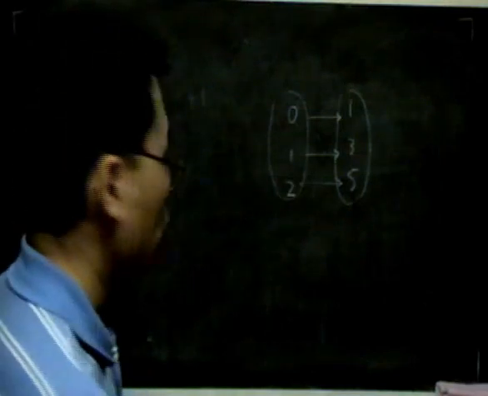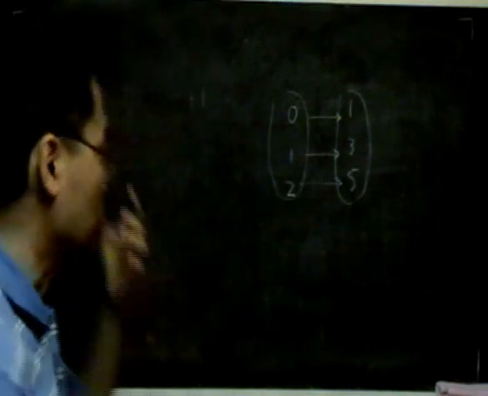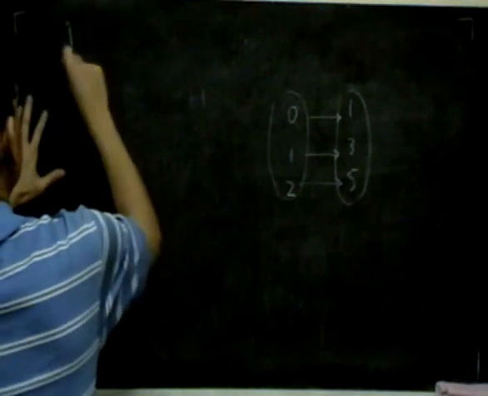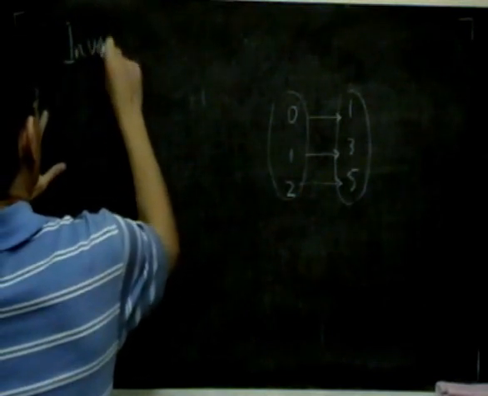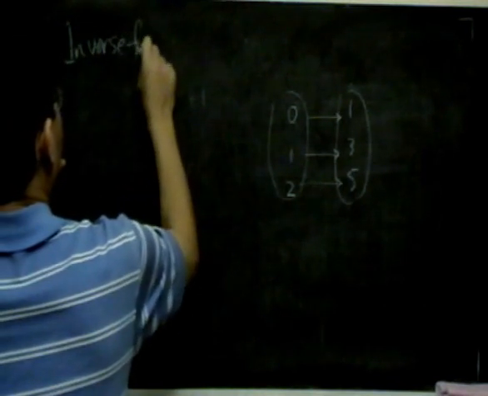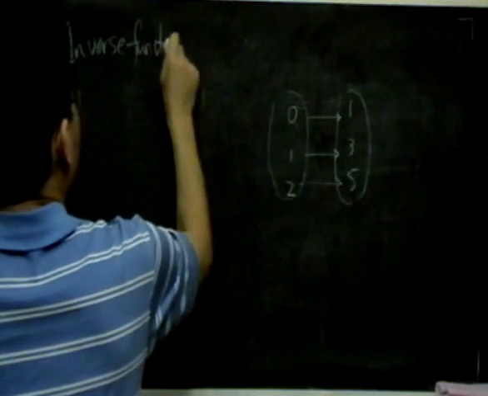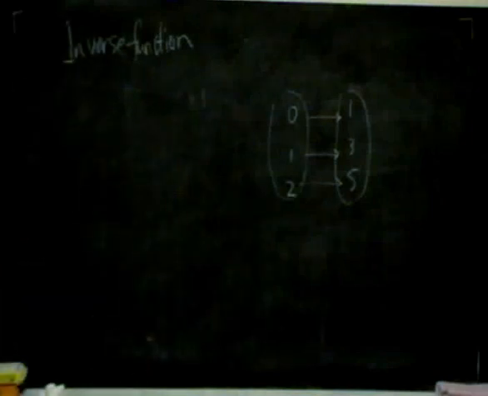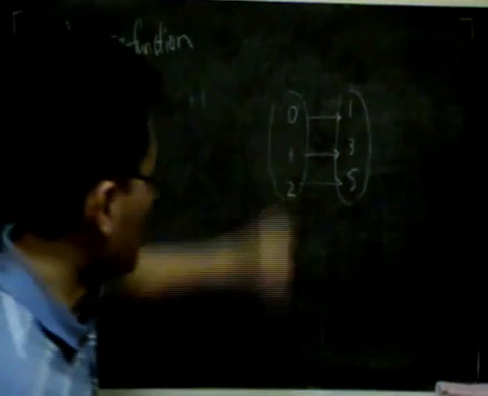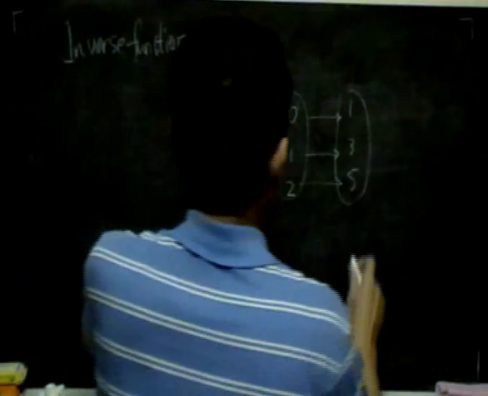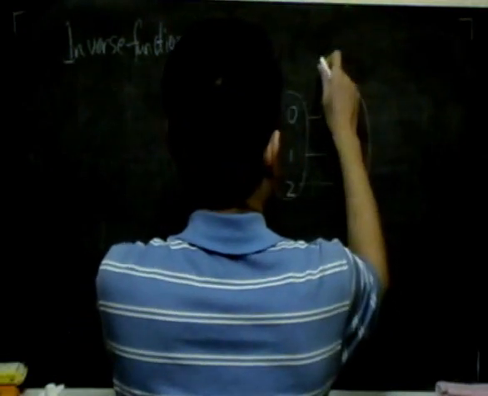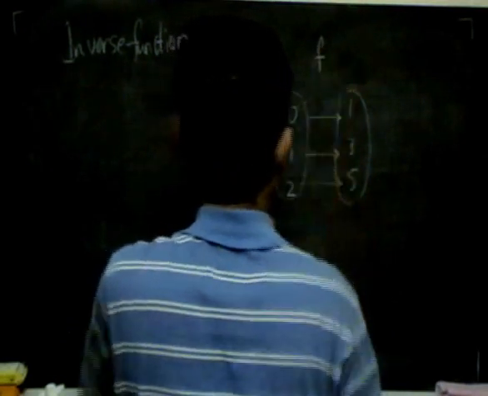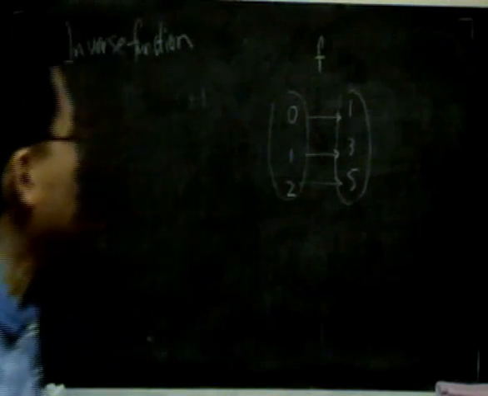Now next, I'm going to look at inverse function. Alright, that's inverse function. Now I've been looking at this function just now. Let me write f on top of it.